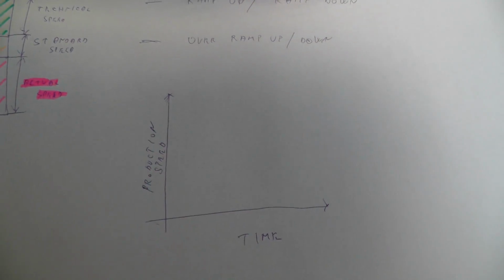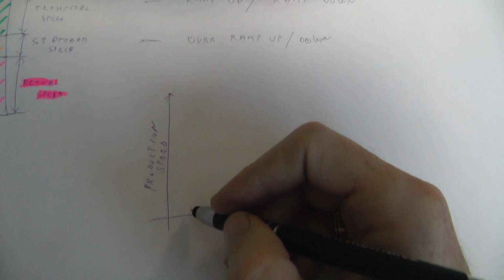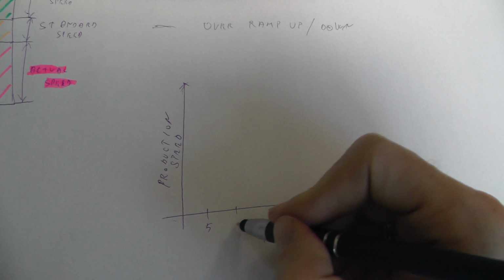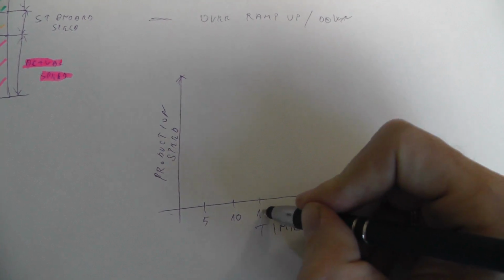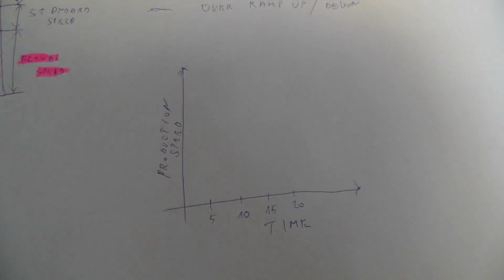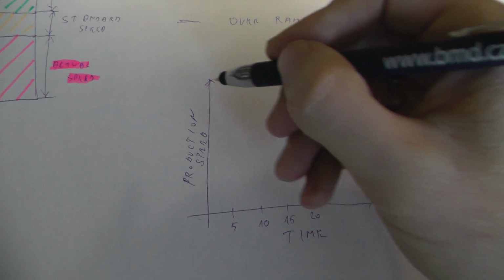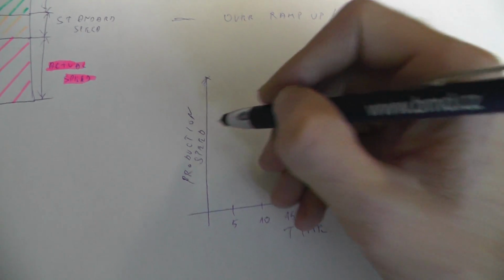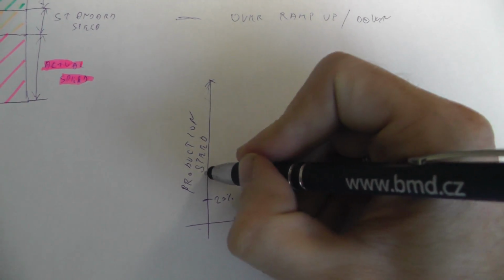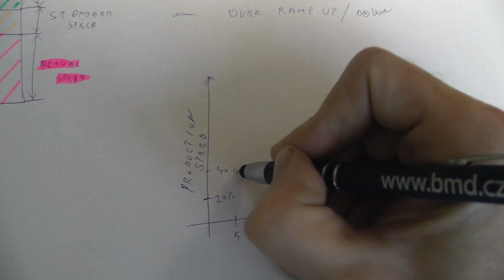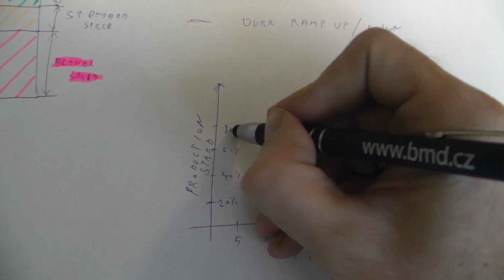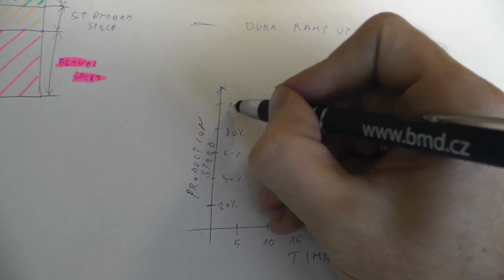And for example, we have here 5 minutes, 10 minutes, 15 minutes, 20 minutes, and here we have a percentage: 20%, 40, 60, 80, 100.